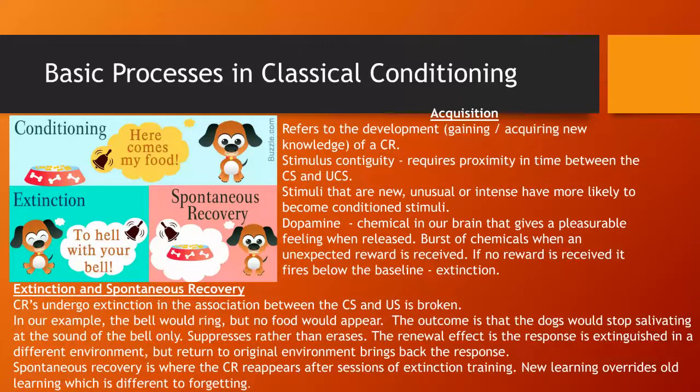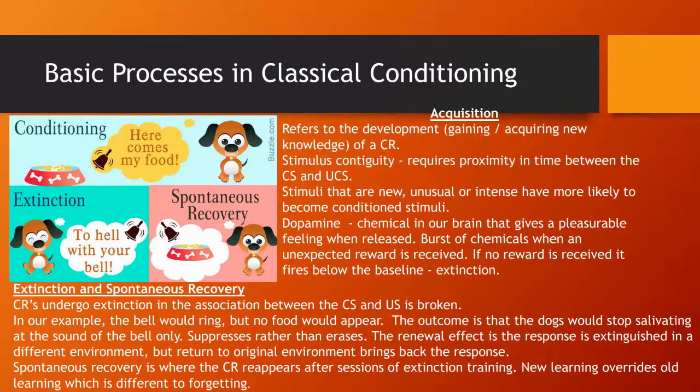Another thing that we can look at is sometimes stimuli that are new or unusual or intense. We can sometimes be more conditioned to them. When something happens for the first time and we smell a smell for the first time and it makes a big difference, we haven't smelt it before, and we sense it a lot more, it could have a bigger effect in becoming a conditioned stimulus.